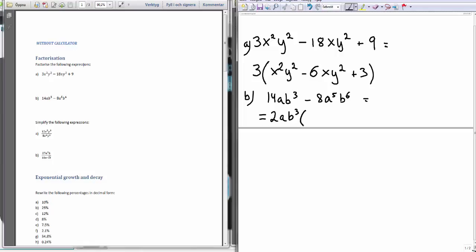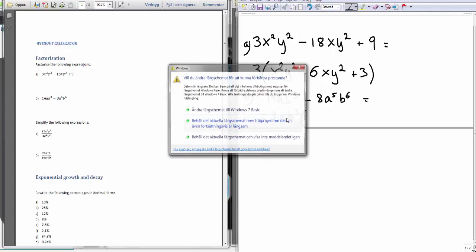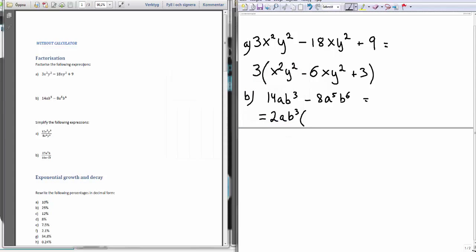And then open bracket. This means that we're able to find these factors in both terms. So we're able to pull out the 2 from each, 14 and minus 8. We're able to pull out a from both, and we're able to pull out b to the power 3.